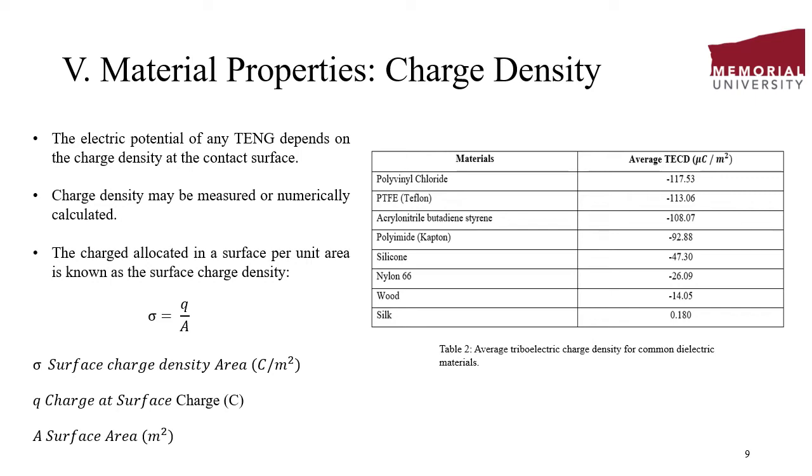The surface charge is defined as the charge allocated at the surface per unit area, where sigma equals Q divided by A, where sigma is the surface charge density, Q is the charge, and A is the surface area. The table gives information on the surface charge density of some materials, generated in an article and the experiment done. Hereby, my teammates will follow with the discussion on the simulation results and prototype.